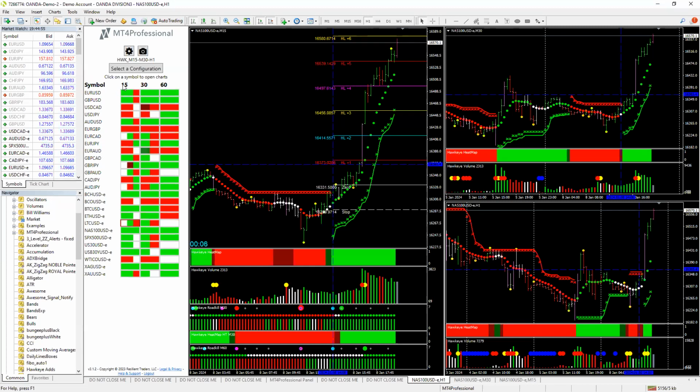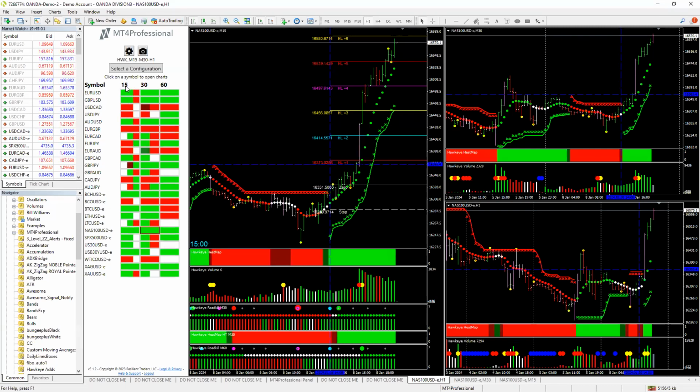And so what the scanner here is showing me is that on this column, this is my 15-minute column. I have a 30-minute column and a 60-minute corresponding to my 15, 30, and 60-minute chart. Each one of these boxes in the 15-minute column is showing me the trend, the volume, and the momentum of that particular trade.